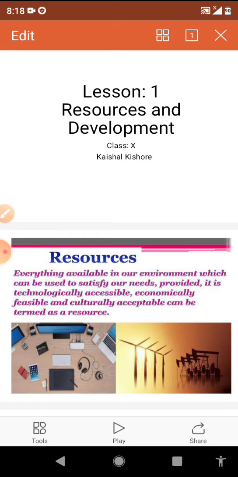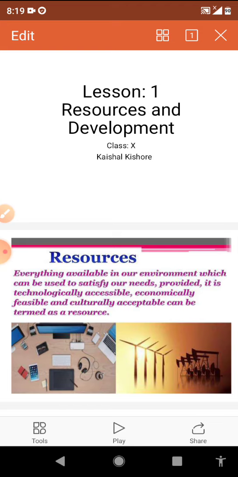So in a very simple sentence, when we are discussing a resource, what we can say here is that anything available in the environment which can satisfy our need can be termed as a resource. Otherwise, you can see a very good definition given here.